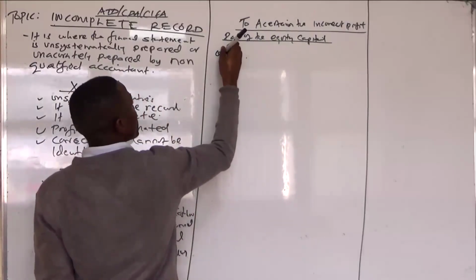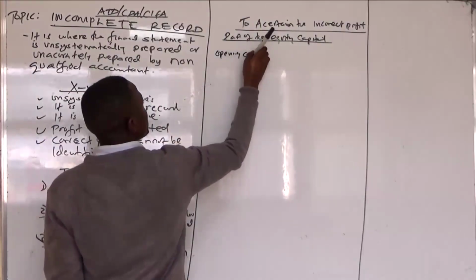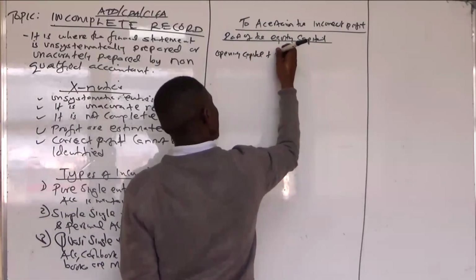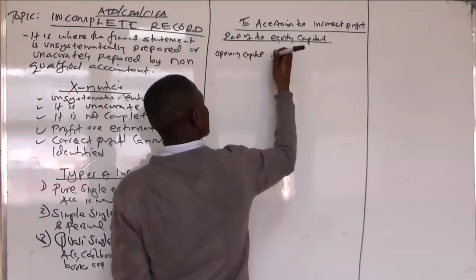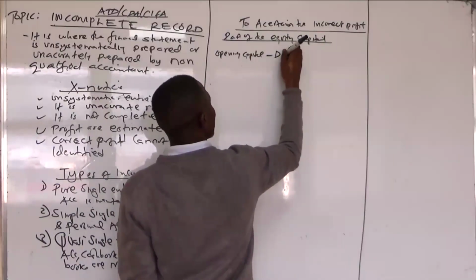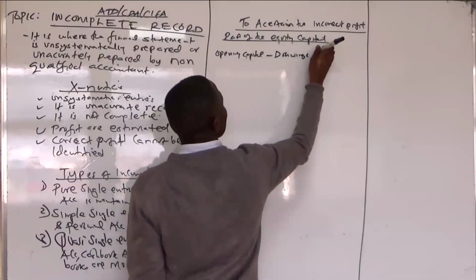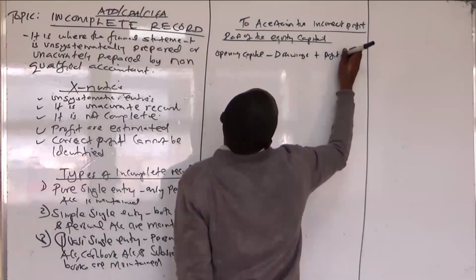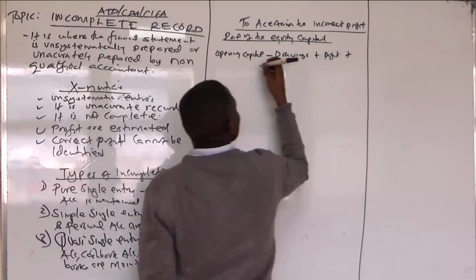We take opening capital plus less drawing, less drawing plus profit plus revaluation gain.